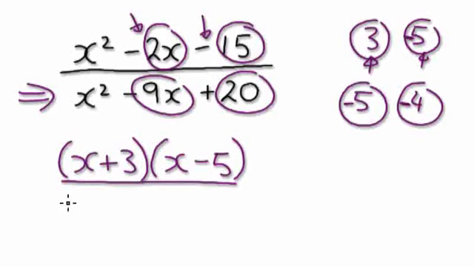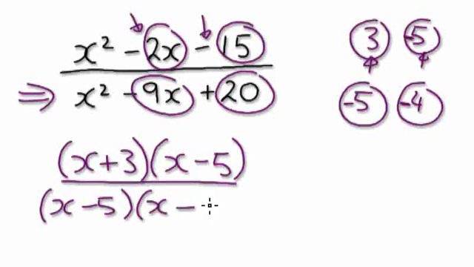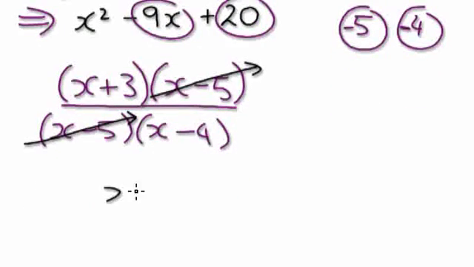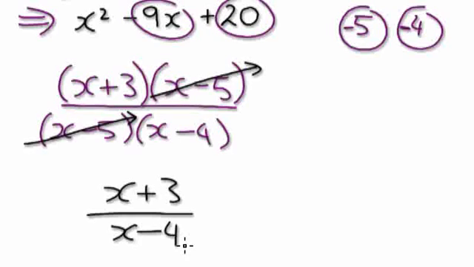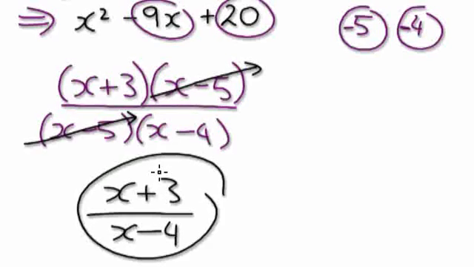So this here will be x minus 5, and then times x minus 4. Okay, and look at this. This conveniently cancels out with this one here, so it gives you x plus 3 over x minus 4. So this here is your final answer.